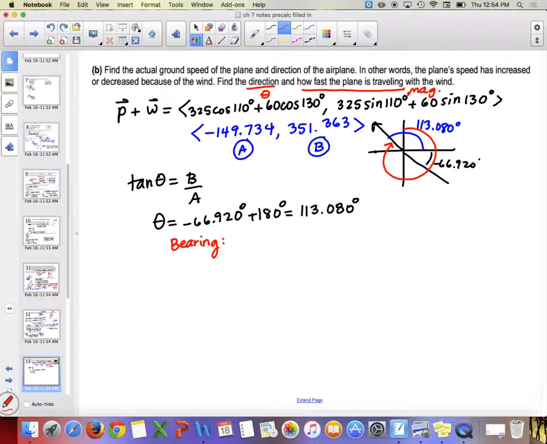I would probably do the 113 number minus 90 to find this little bit here, which is 23.080. And then you can subtract that from 360, so it'd be 336.920. That would be the bearing. Do you guys understand that? So if I just said direction, you can leave it as the 113. That's kind of like the standard angle.